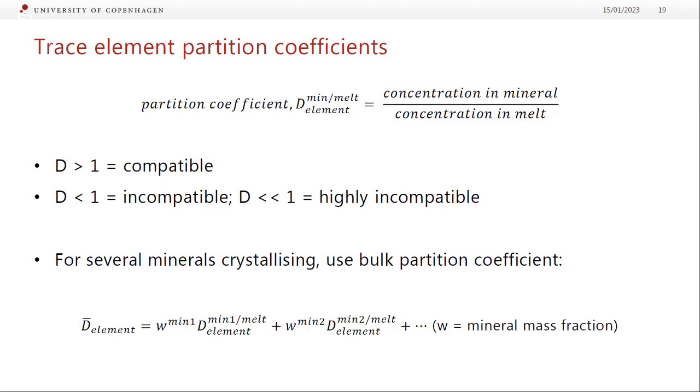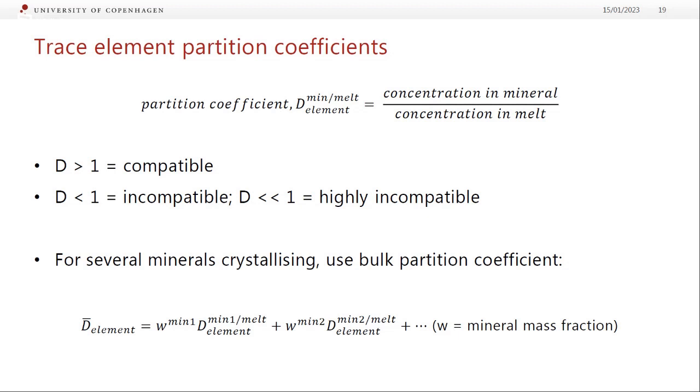So if we have several minerals crystallizing, then we need to calculate a bulk partition coefficient. This is just the partition coefficient for each of the minerals for that element multiplied by the mass fraction of that mineral within the crystallizing assemblage.